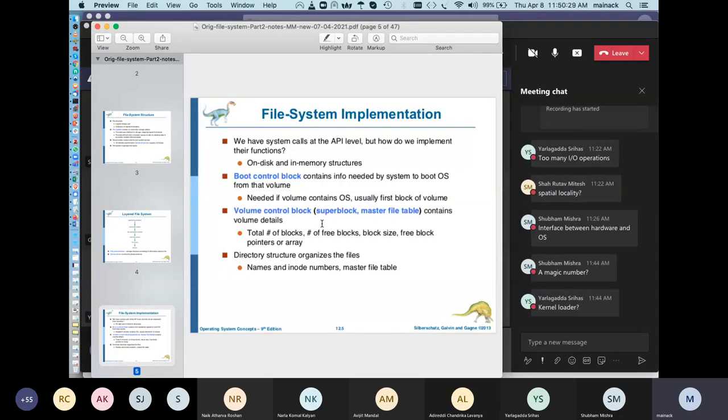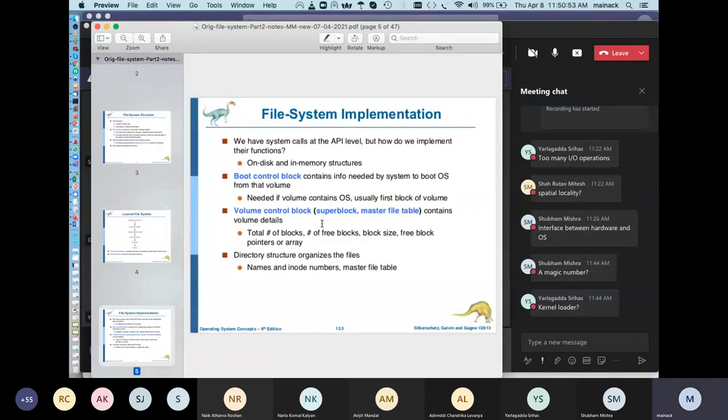Essentially, in each partition, or in each file system in this case, you have a list of pointers to different file control blocks, an array of pointers to file control blocks.